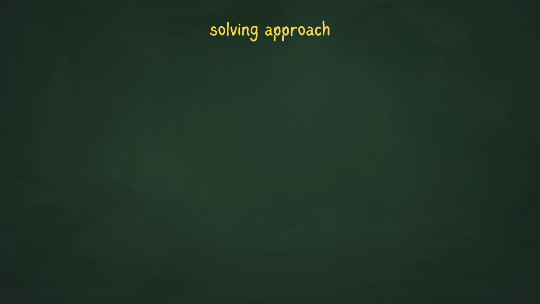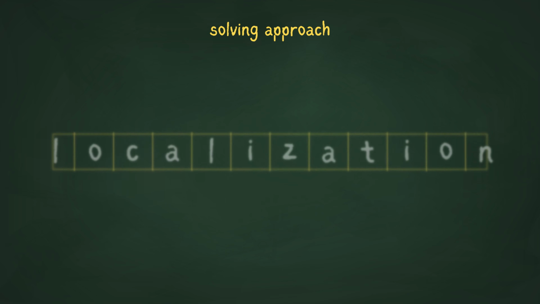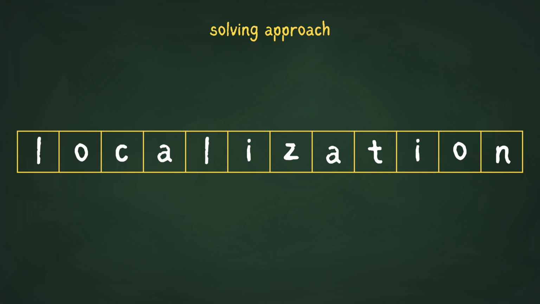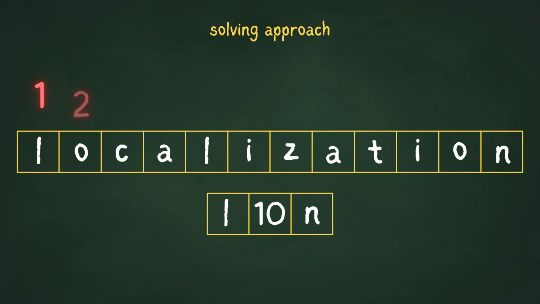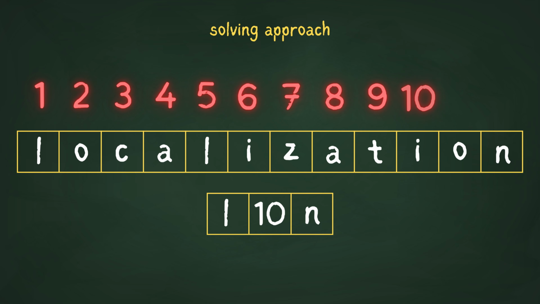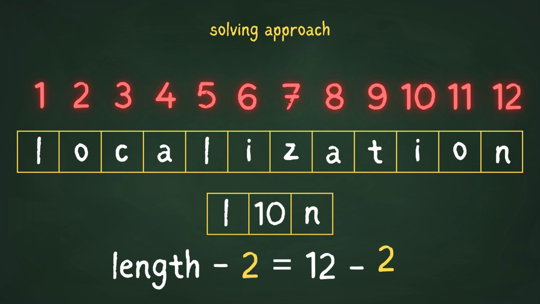To solve this problem, we need to figure out how to shorten a way too long word. Now look at the word localization and its shortened form. The number of letters in localization, which we can say is the length of localization, is 12. And in the short form, we have the number 10 in between the first and the last letter, which is pretty obvious because we are counting the letters except the first and the last letter. And that gives us a number less by 2 than the length of the word.